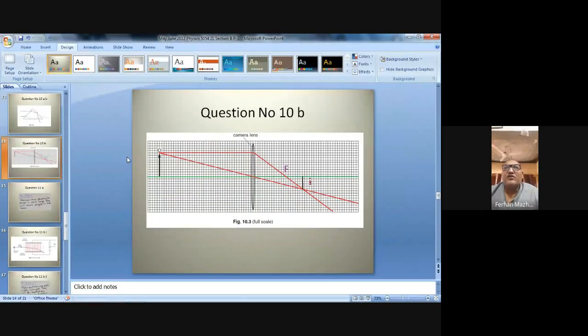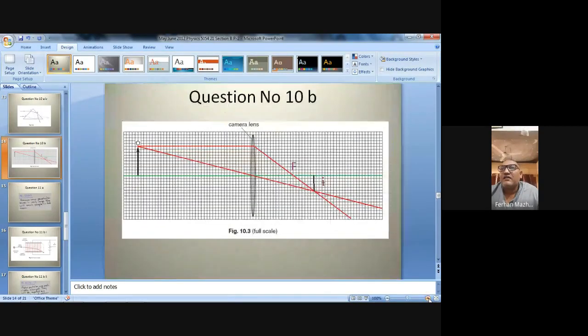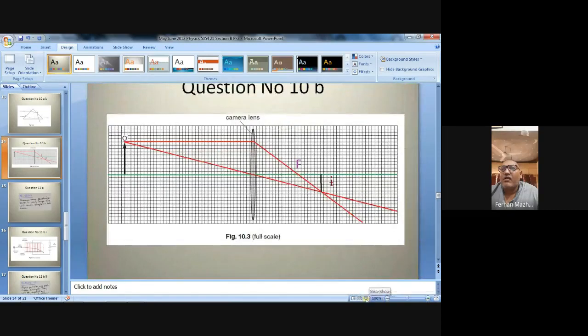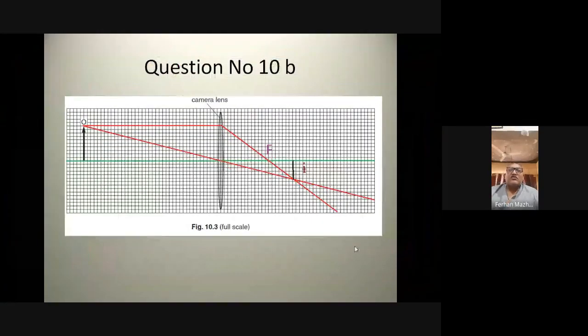So here we go. Let me increase the size so you can see it. On your screen, first of all, I have drawn this green line. This green line is basically representing the principal axis.